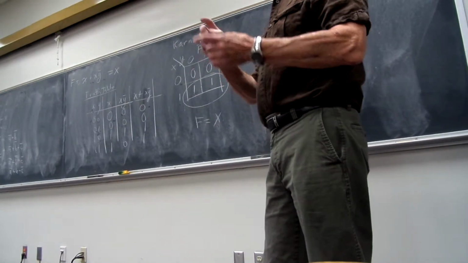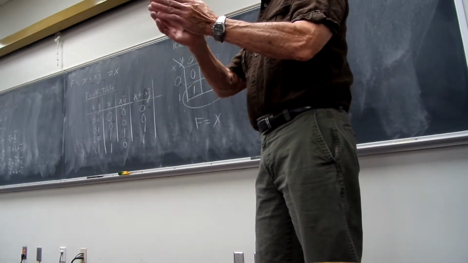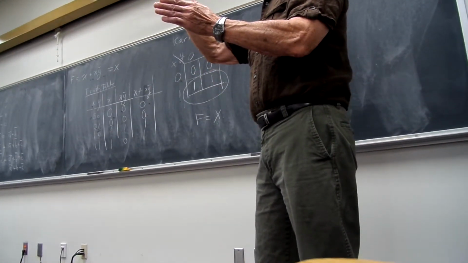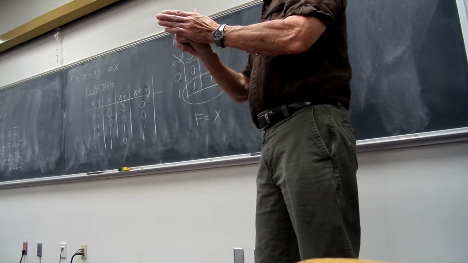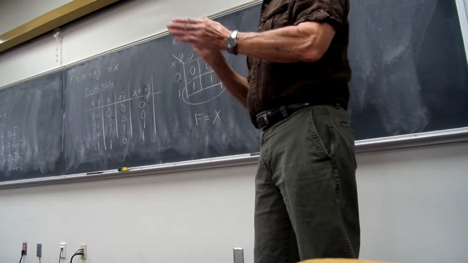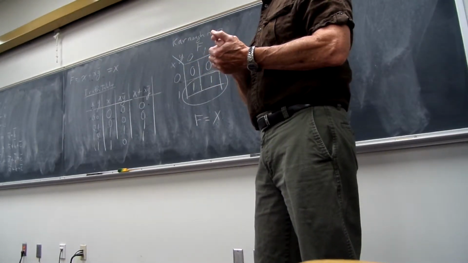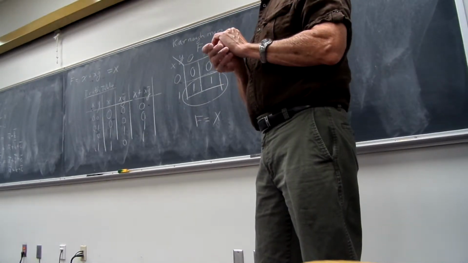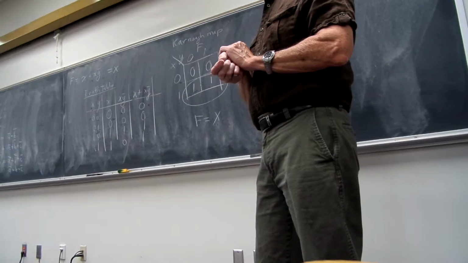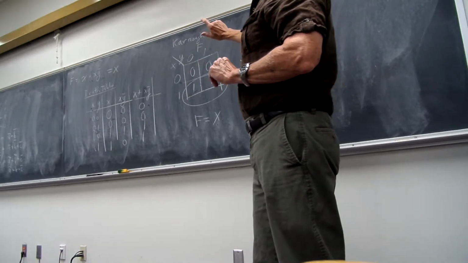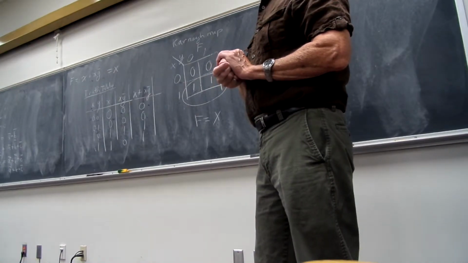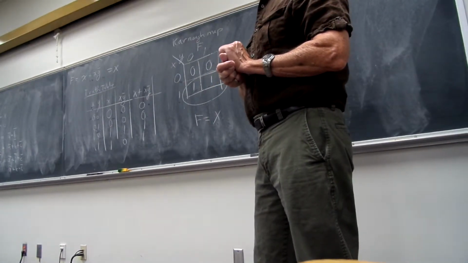It's going to become more clear in just a second, but you have to be able to go from any one to another one in the group through a path where only one variable is changing at a time. You're going to see that we're going to have to put our variables here in terms of a Gray code in order for it to work. Otherwise, it will not work.